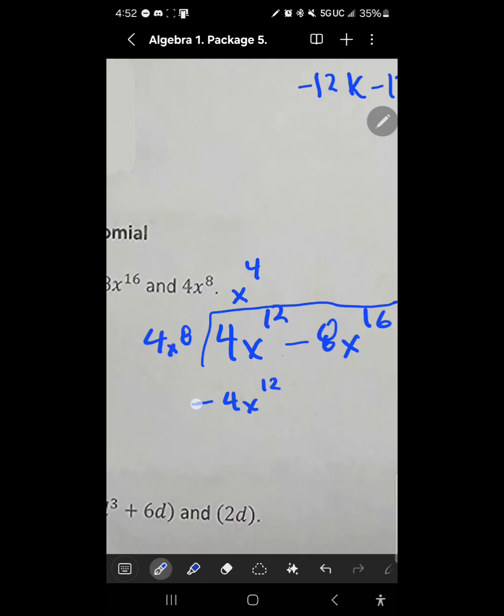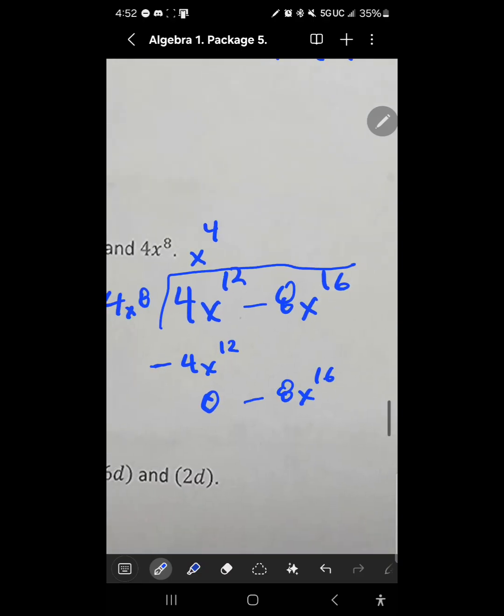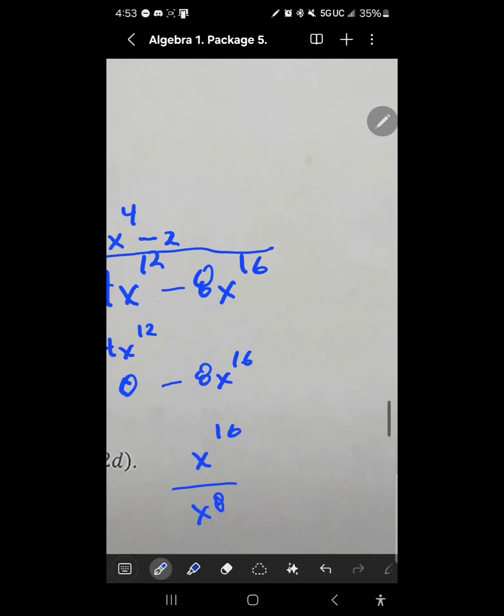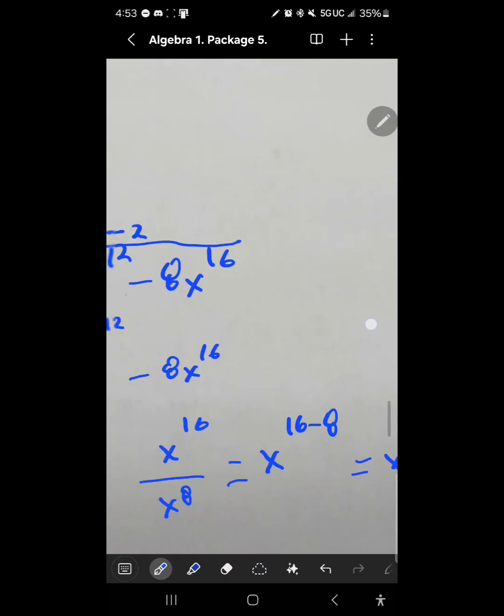Now, we always add a negative sign here. So this becomes 0, and then we have negative 8x^16. Now, this is negative, this is positive, so we need a negative sign here, so we can get the negative. Now, what number do I multiply to 4 that gives me 8? So it will be basically saying 8 divided by 4, which is 2. And then, when I divide in variables, like x to the 16 over x to the 8 is the same as saying x to the 16 minus 8, which is going to be x to the 8 as well.